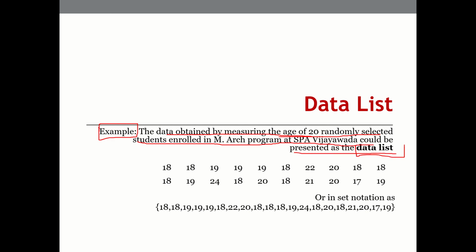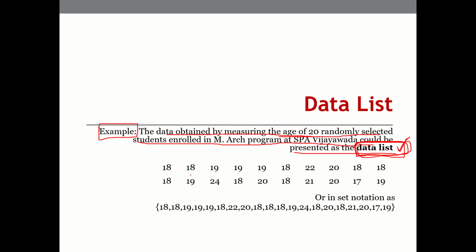These are keywords, and I hope you will be able to pick them up as we progress. I don't have to describe what a data list is when you come across these terms in papers or when somebody describes it.